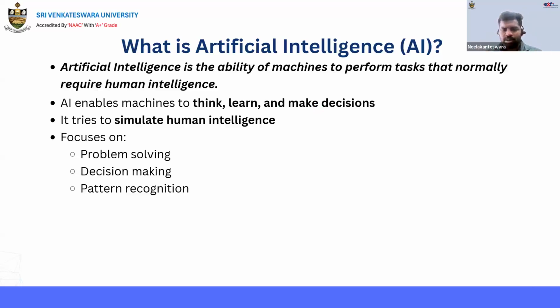Humans can learn, think, act according to the situation, reason, and create new content. These are all powered by AI. That means AI is mimicking all these human skills, but without any human intervention. That is nothing but artificial intelligence.